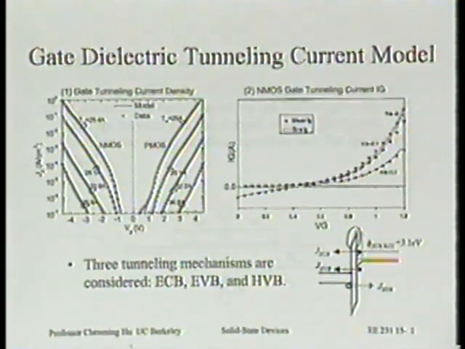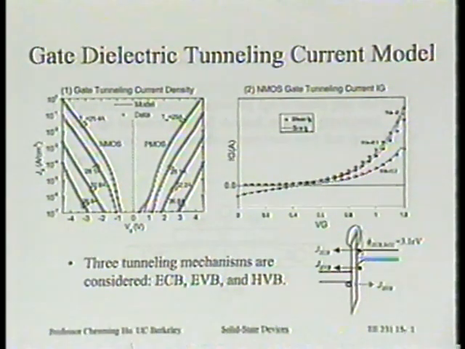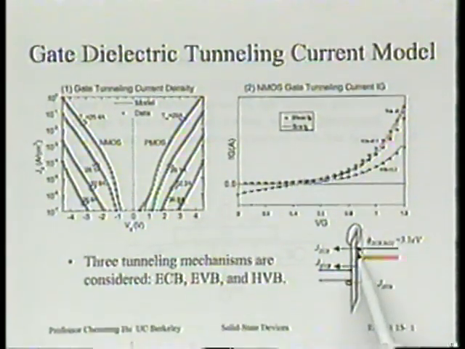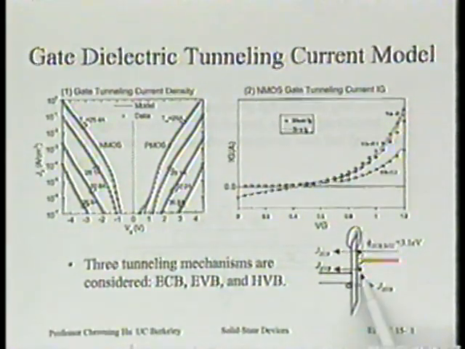potential barrier. The other two components have larger potential barriers, but have been found to be also very important depending on the situation. For example, if this was a PMOS rather than NMOS, then this component cannot be dominant. Well, it turns out there are two other important components.